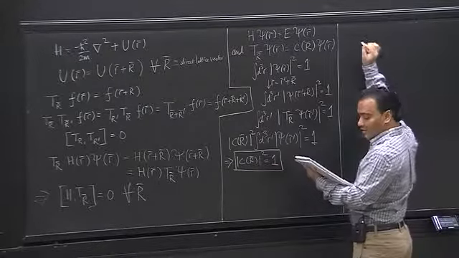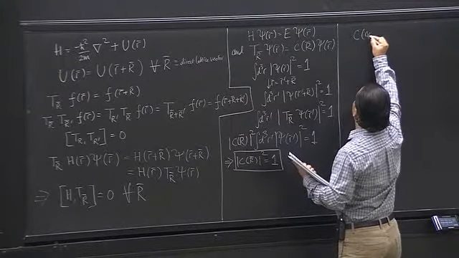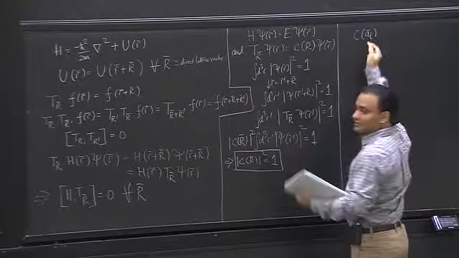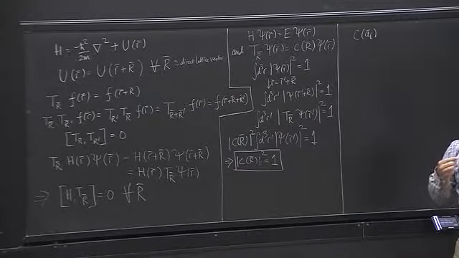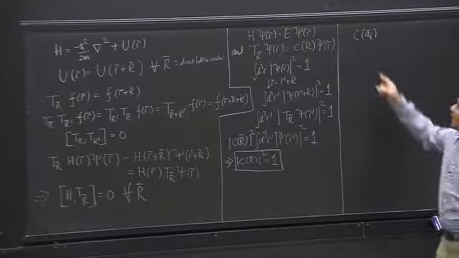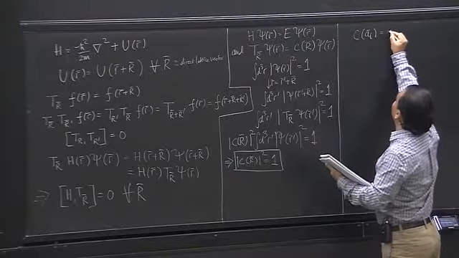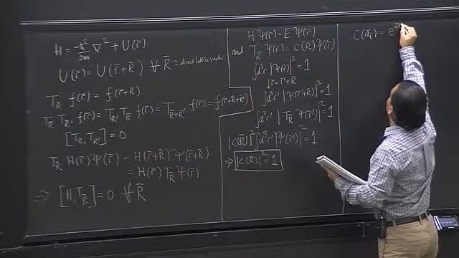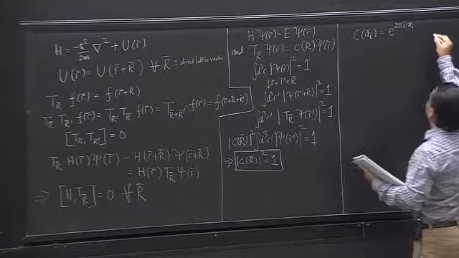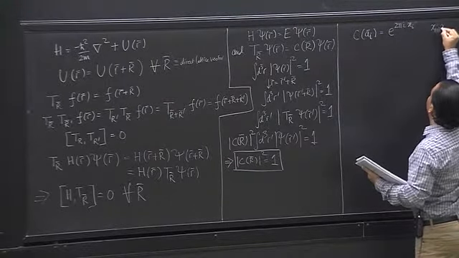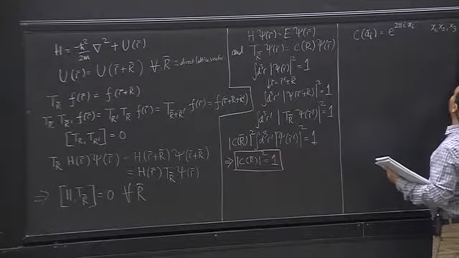So we can always write C of a_i, where the a_i are the primitive lattice vectors, as e to the power 2 pi i x_i, where x1, x2, x3 are some real numbers.